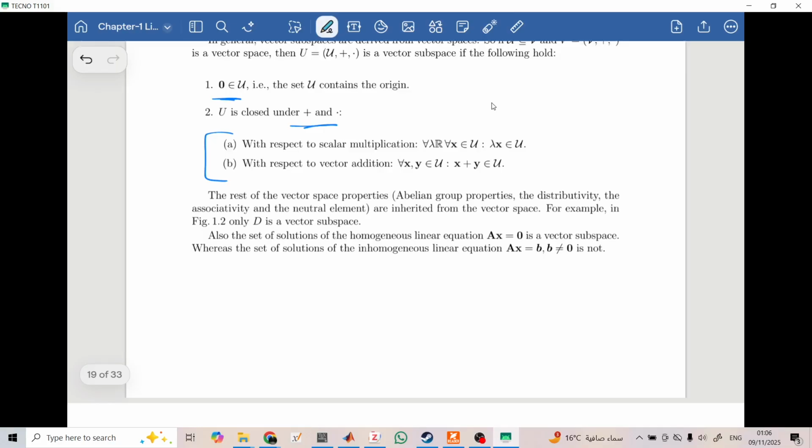Examples of subspaces are the solutions of the homogeneous equation Ax equals 0. Now if A is full rank, the solution x is the all zero vector only, which is very trivial.